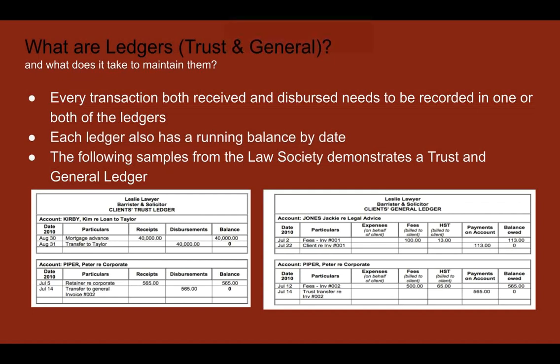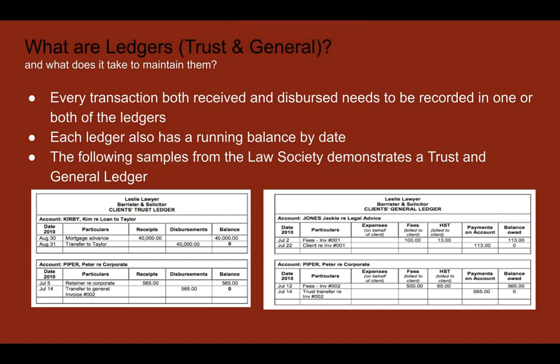So trust activities, both incoming and outgoing, are captured under the client's trust ledger for various clients, for various transactions, for various dates in one single account. And the general ledger is a replica of the same trust ledger, but has a couple of additional columns that would include the HST and invoicing amount.